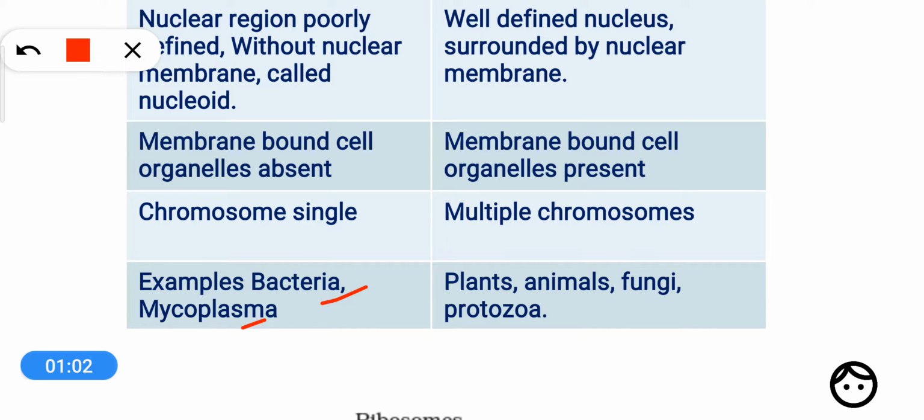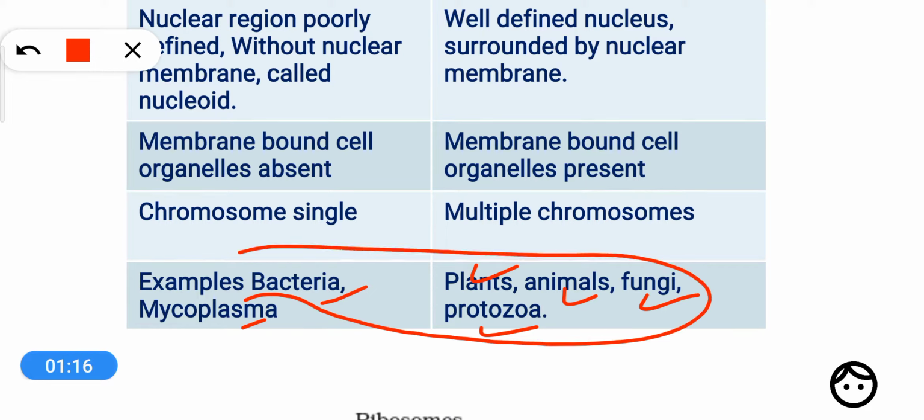Eukaryotic cells are found in plants, animals, fungi, and protozoa. So we can say there are 5 categories: bacteria, plant, animal, fungi, and protozoa. These are the 5 categories of organisms.